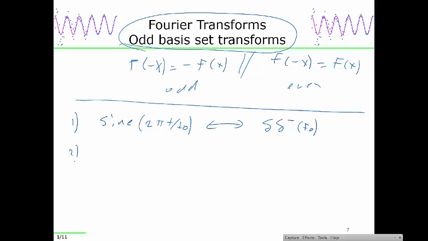And we will go into each of these in more detail. I'm just very briefly outlining what the three basis set functions are, and then we'll go through them.